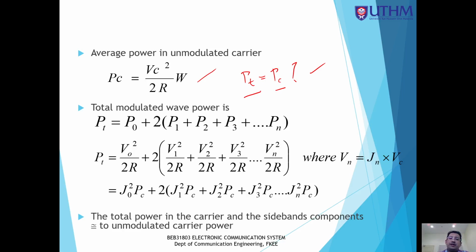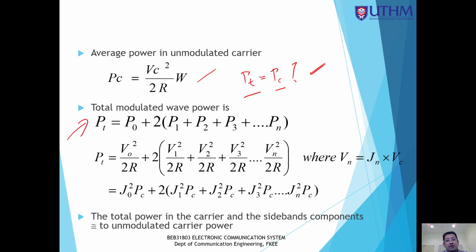If the question is worth around 2 marks, which is very small, you can do it like this. But if the marks for that question are more than 2, I suggest you use the long equation, which is the complete equation for total power in an angle modulated wave.